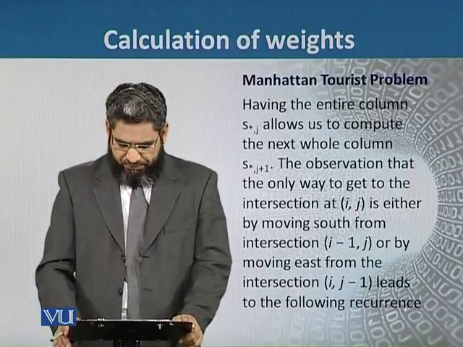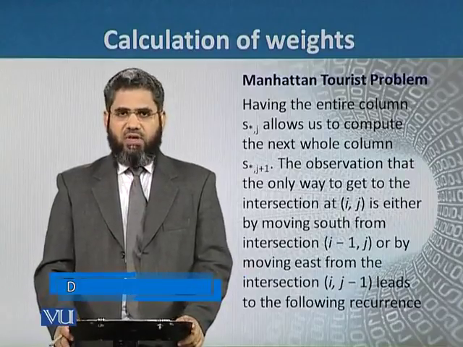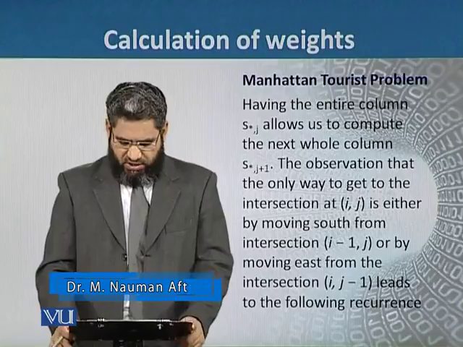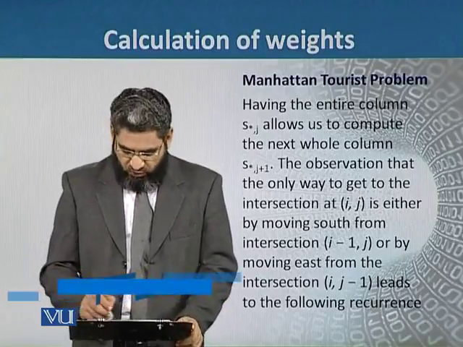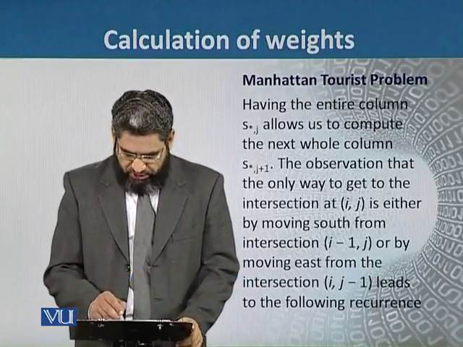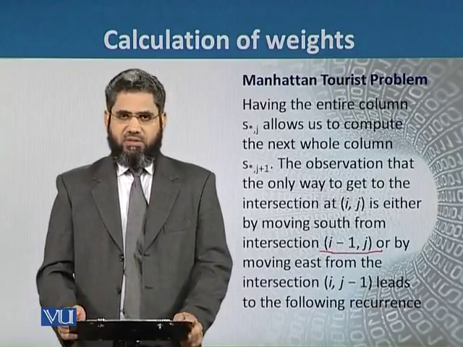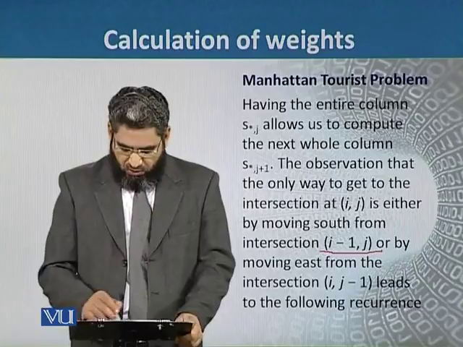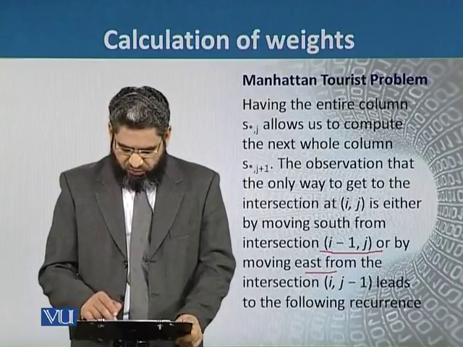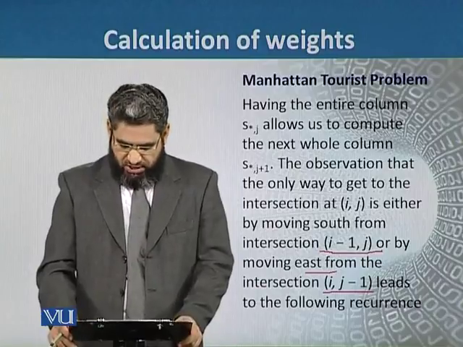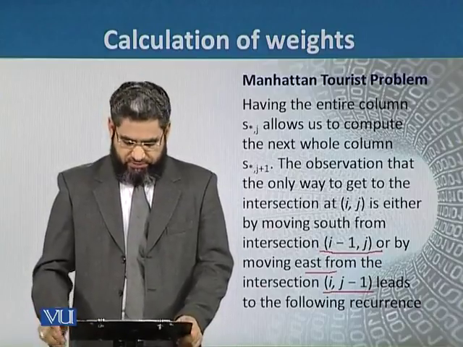In this way, the observation is that the only way to get the intersection at the value of I and J is either by moving from intersection I minus 1, J, or by moving east from the intersection I, J minus 1, and this leads to the following recurrence.